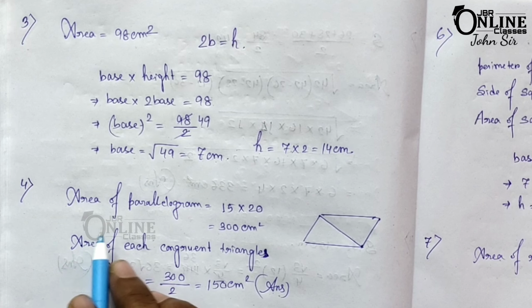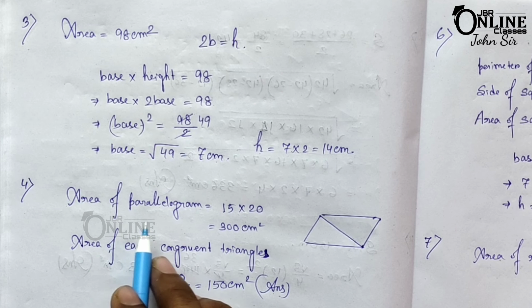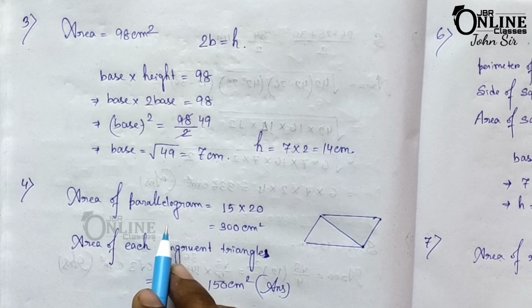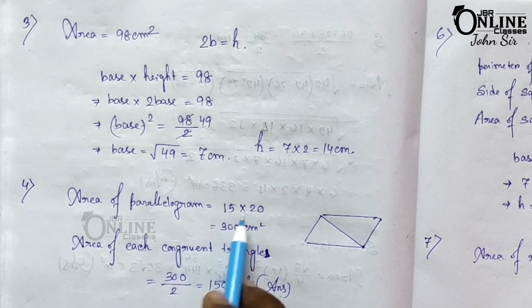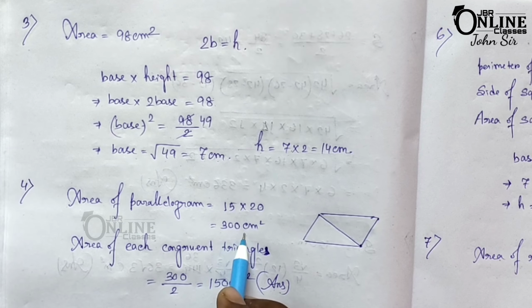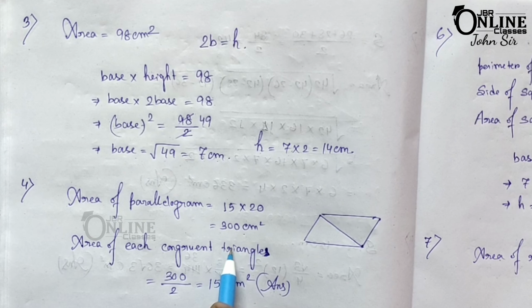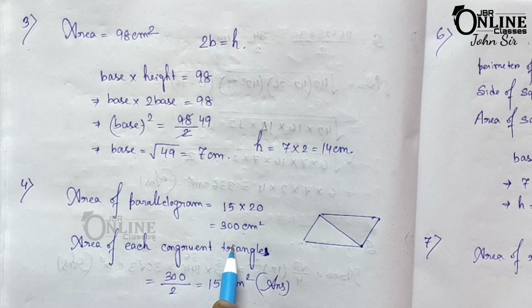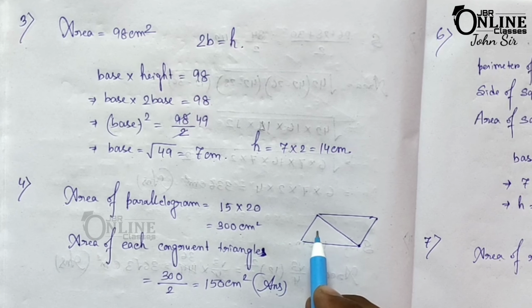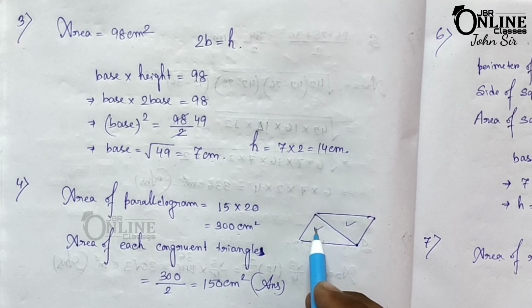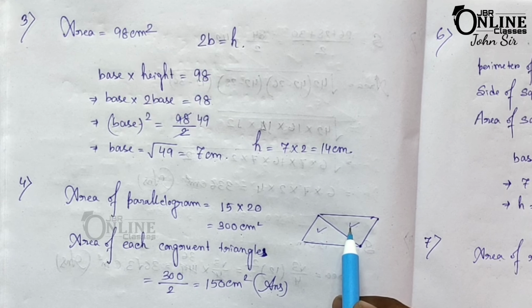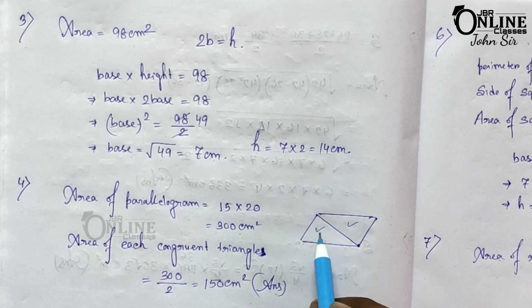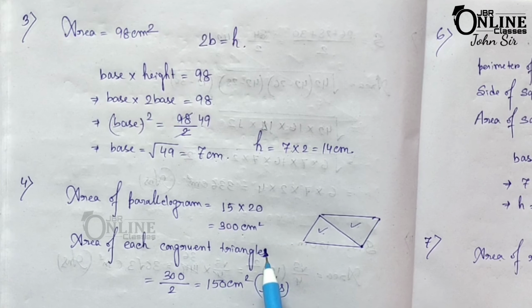Now sum number 4. A parallelogram has a length of 15 centimeter and height equal to 20 centimeter. So the area of the parallelogram will be base into height, that equals 300 centimeter square. It is divided into two congruent triangles. This is the first and this is the second. If these two are congruent triangles, the areas of these two triangles are equal.